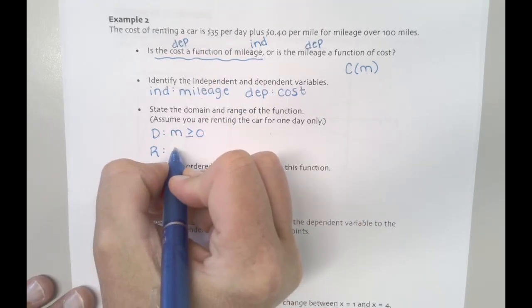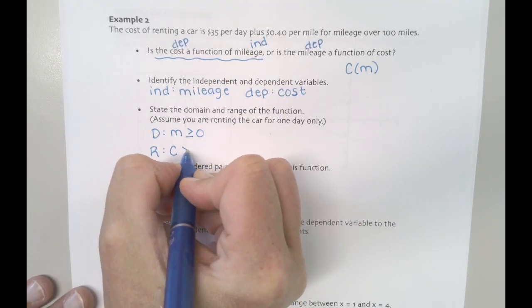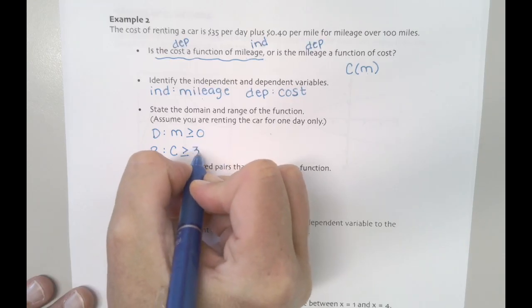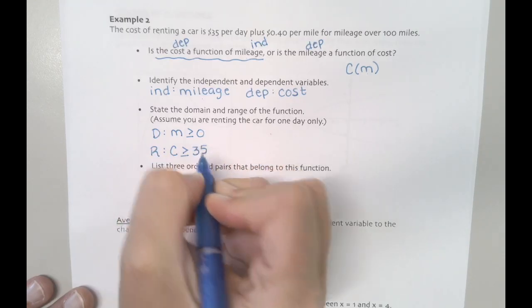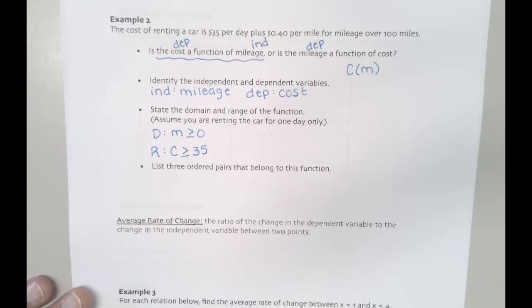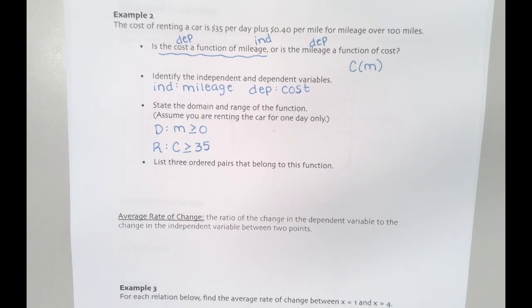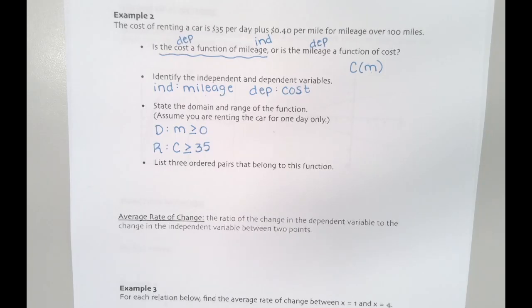So I would say that our cost just has to be greater than or equal to 35 because we know for sure that we're going to pay at least that $35. Okay, and again, we didn't have to specify integers or anything here because we know we can do decimals when we're talking about money.